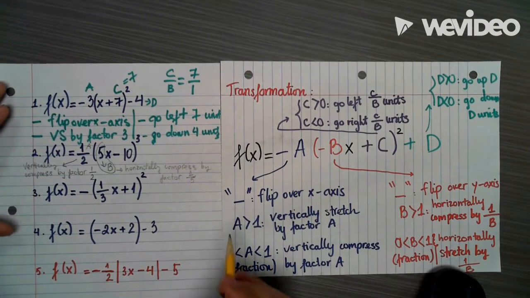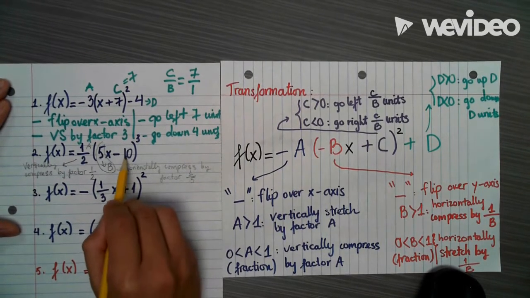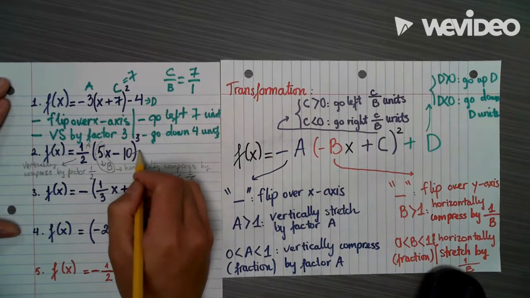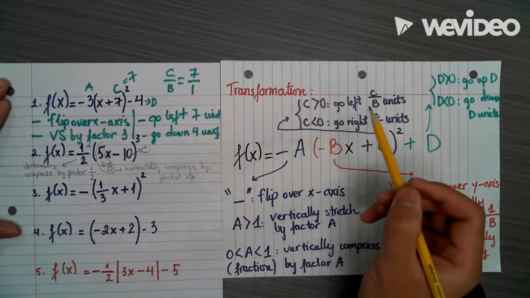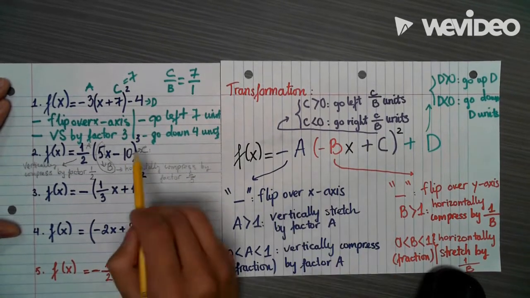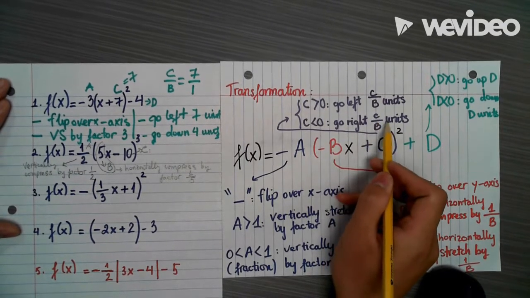Now the last one, you subtract 10 inside the parentheses, right? So -10 is supposed to be C. Take a look at C. -10 is less than 0. Negative, less than 0. So it goes right C over B unit.